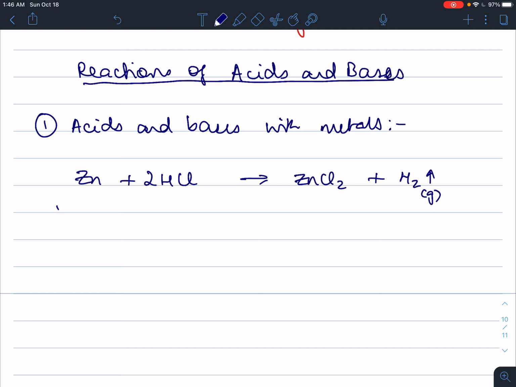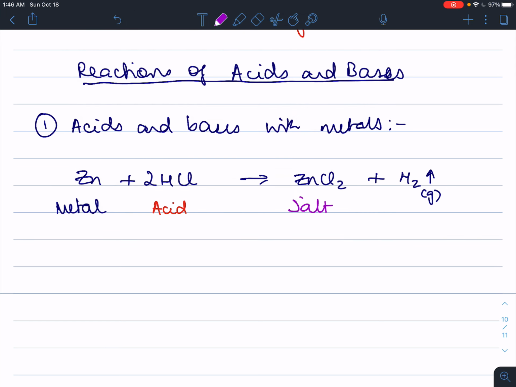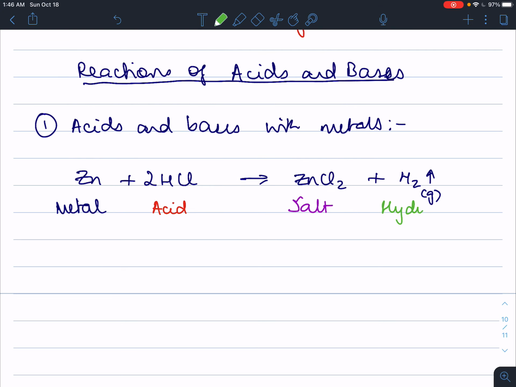So what is this? This is a metal. This is an acid. This is a salt. And this is hydrogen gas. All right.